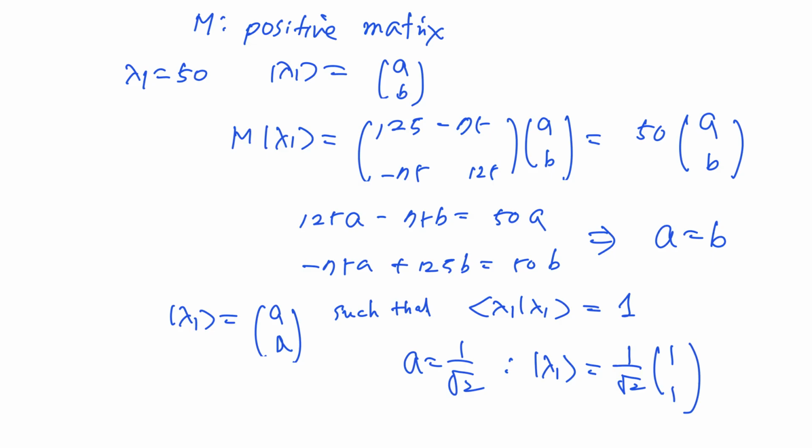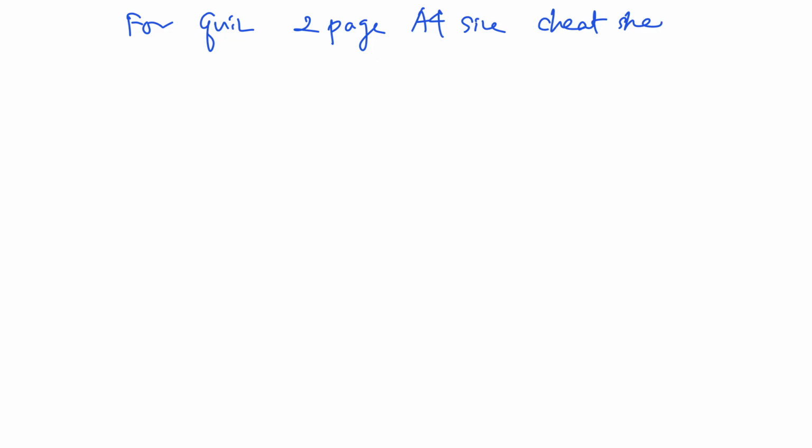I think I told you about your preparation for the quiz. About two pages of cheating sheet, right? A two-page A4 size cheating sheet for the quiz. So cheating sheet in Korean is conning paper, right? So officially the conning paper is allowed. The cheating sheet is allowed.